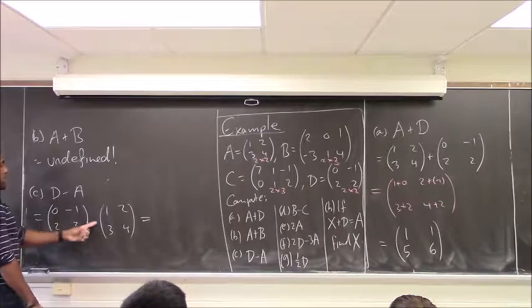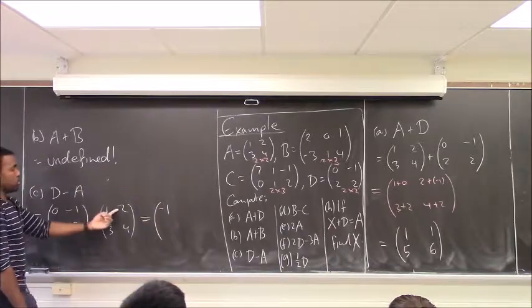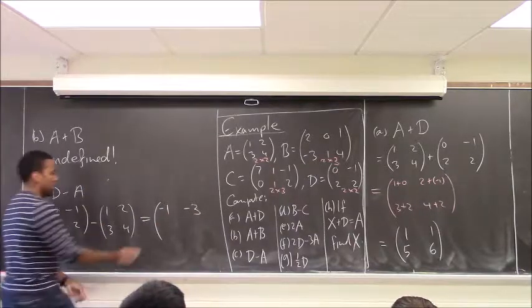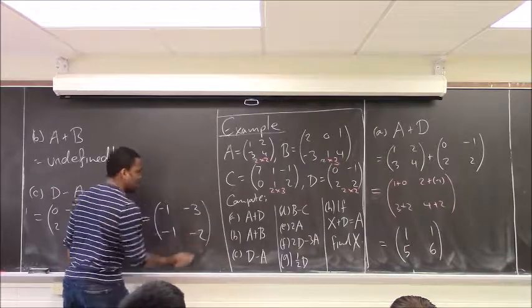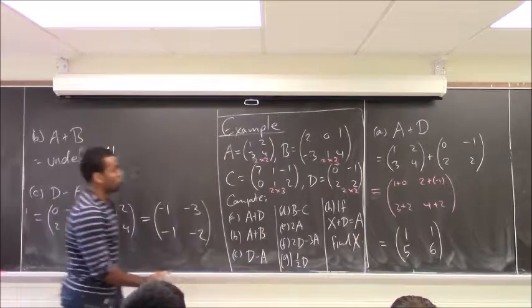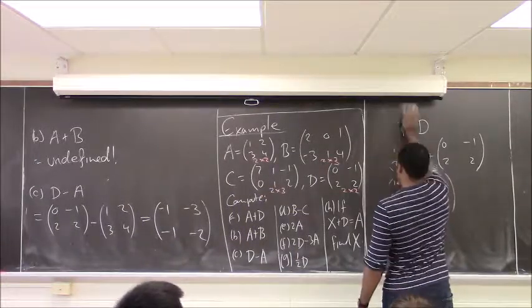So 0 minus 1, minus 1 minus 2, 2 minus 3, 2 minus 4. So that's going to be that. That was C.